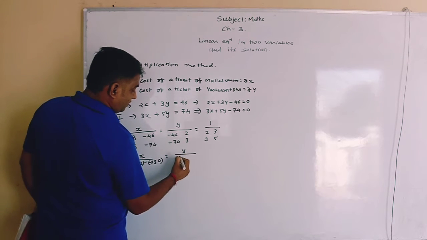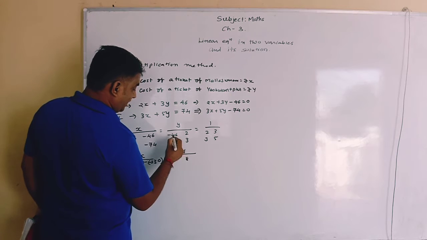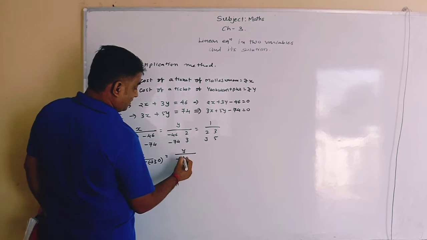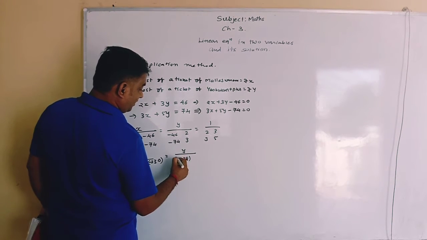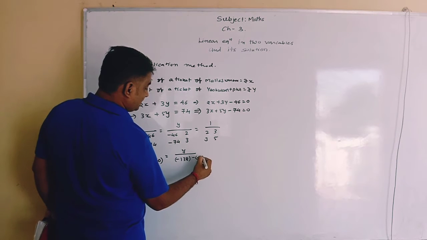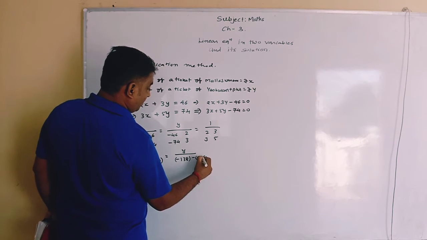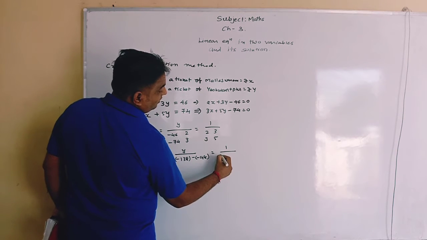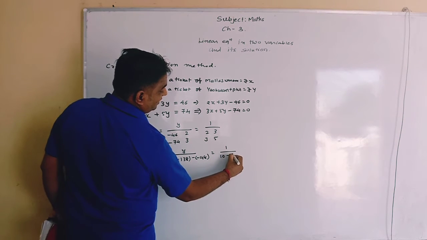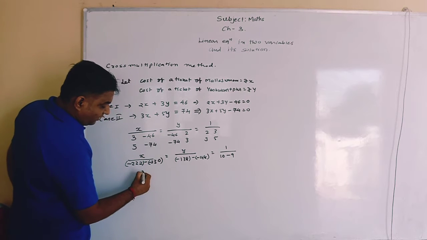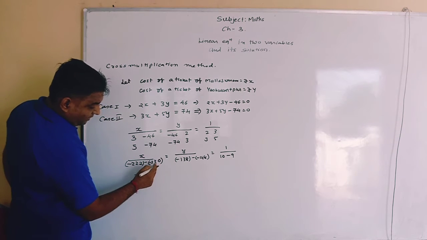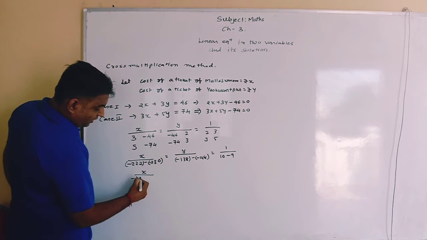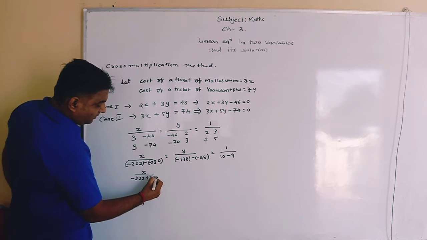y upon, again 46 here, so minus 18, carry 1, 12 and 1, 138, minus 8, 148, and here 1 upon 10 minus 9. So here we can get minus 222 plus 230.